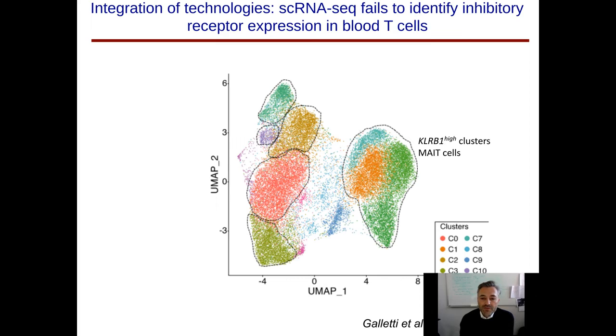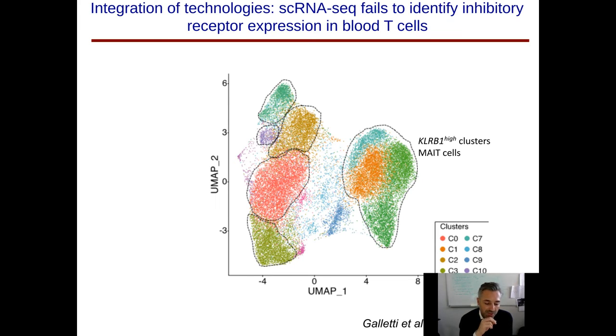So here you have a different clusterization of different cell subsets. We were interested in cells of the early differentiated compartment, which are the clusters at the top. I'm sorry, the animation is broken here, but the clusters at the top identify early differentiated memory cells.